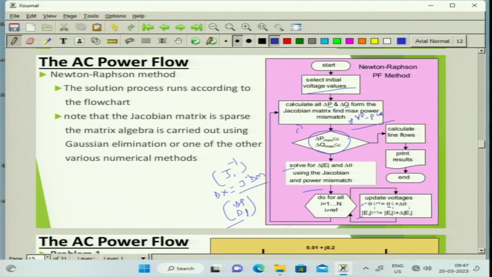Theta is nothing but previous theta plus change in theta, and voltage is nothing but previous initial voltage plus change in voltage delta E, and then go for the next iteration, find delta P delta Q and then check.